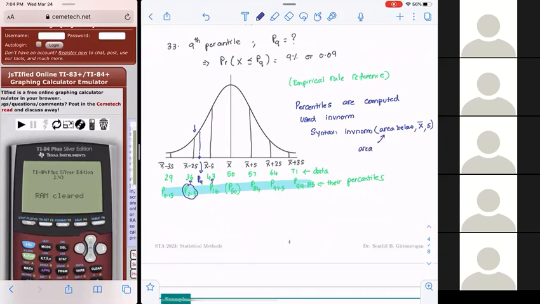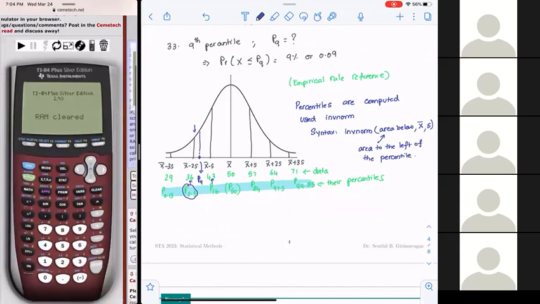Area below is the same as area to the left of the percentile. So my guess was that it is going to be somewhere around 38.23. We will see. So I'm going to press second vars, and option number 3 is INV norm, which stands for inverse norm.